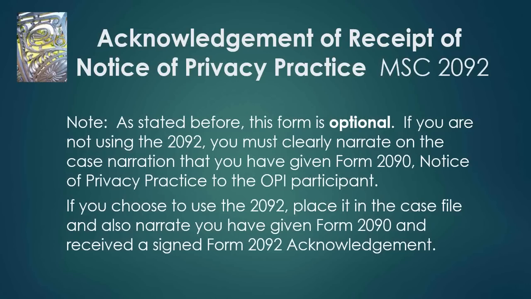So one way or another, either get the documentation back or give the notice and narrate very clearly that you gave it to the individual and when you gave it to them.